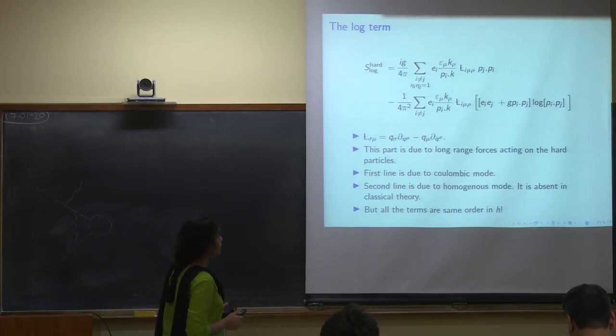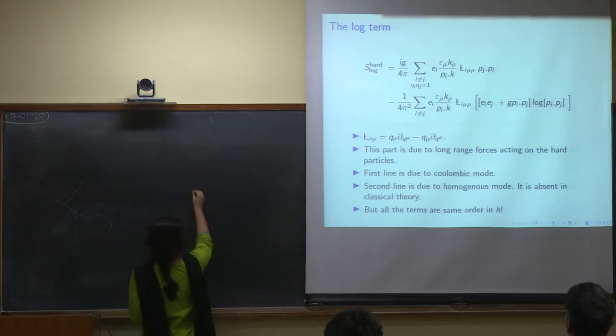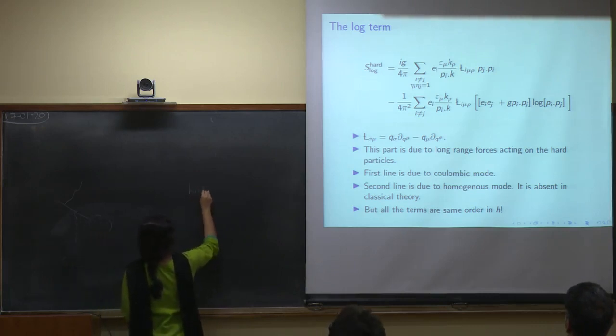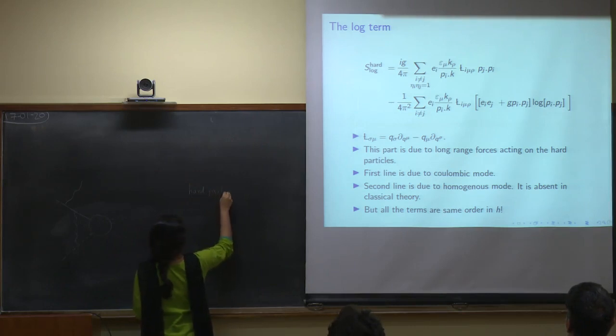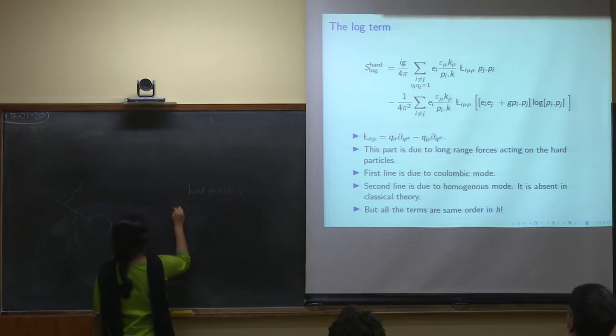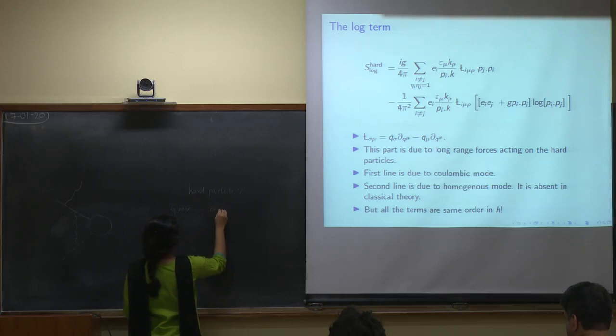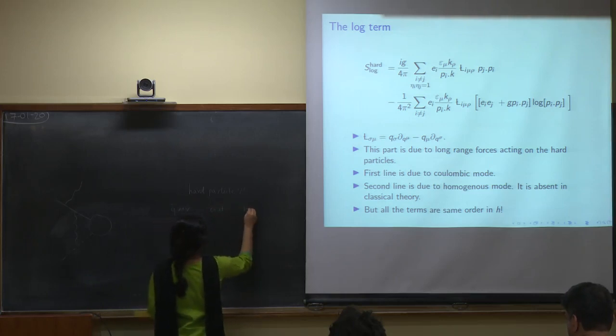Yeah, and there is one more thing. This first line is due to a Coulombic mode in the gravitational field, and the second line is due to a homogeneous mode. So let me just write it down like this. If you have a hard particle i that feels electromagnetic, so let's first talk about gravity. It feels a gravitational field, which has one Coulombic mode and one homogeneous mode.